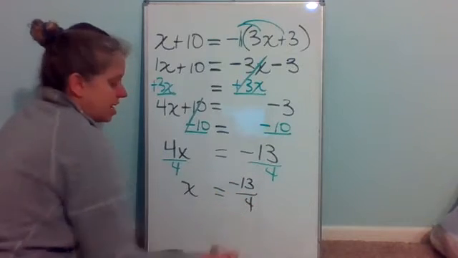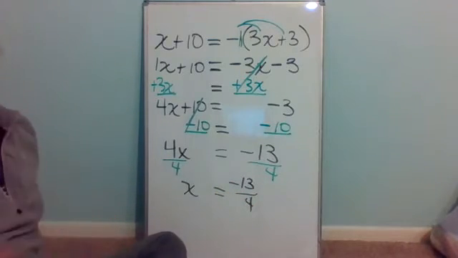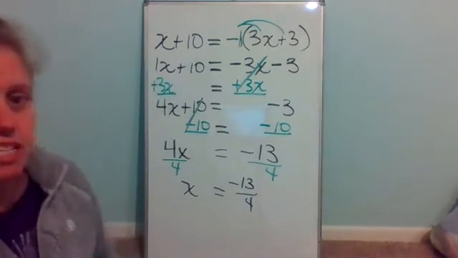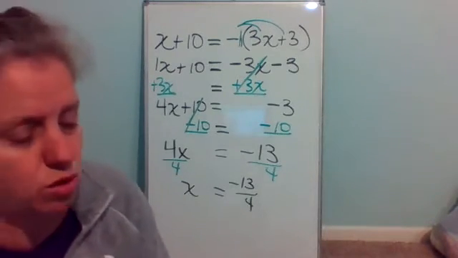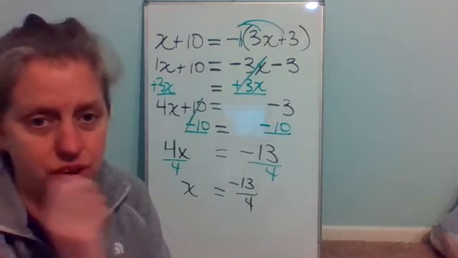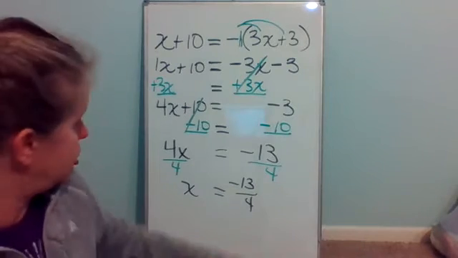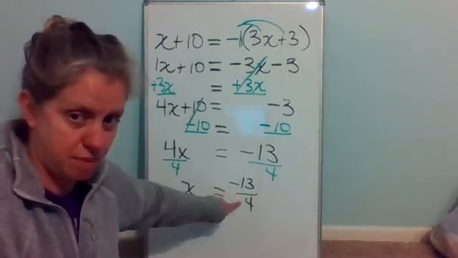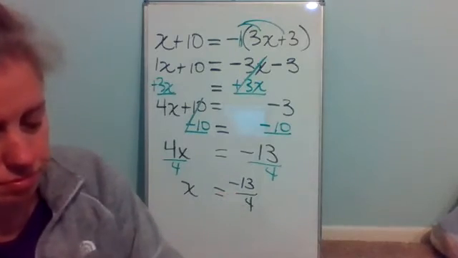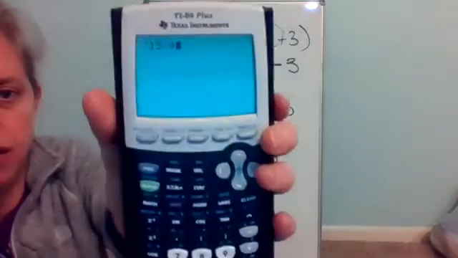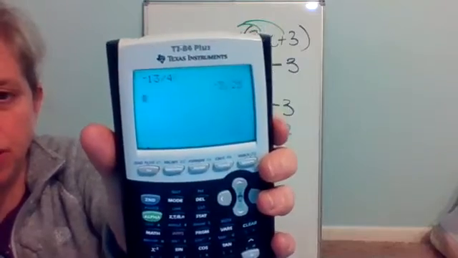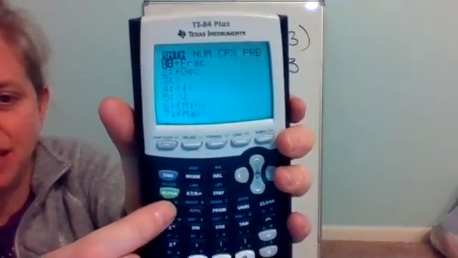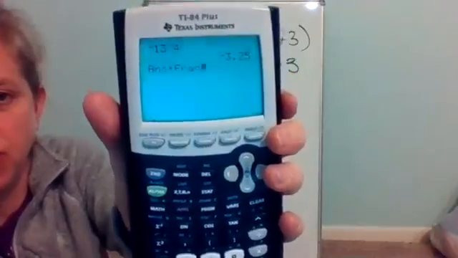So it doesn't divide evenly, but you do need to check to see if it will reduce. Now ours doesn't, but the way you would tell that is, remember our math inner function on our calculator. Just type in -13 divided by 4. When you hit enter, you'll get some kind of crazy decimal, and then hit math, enter.